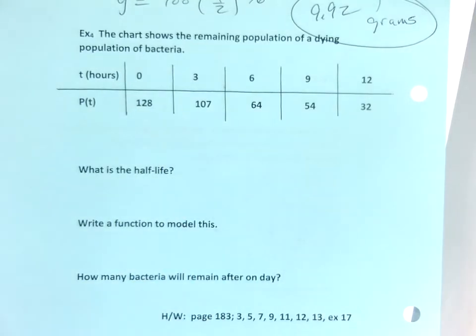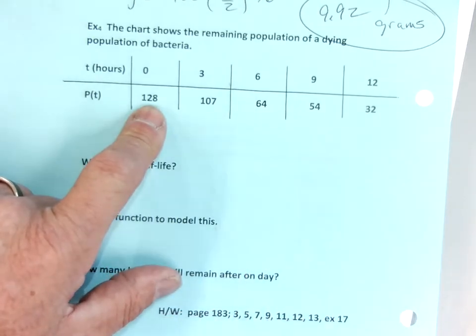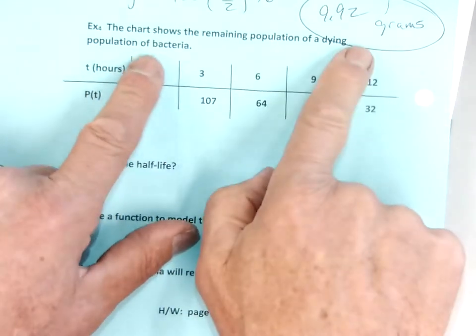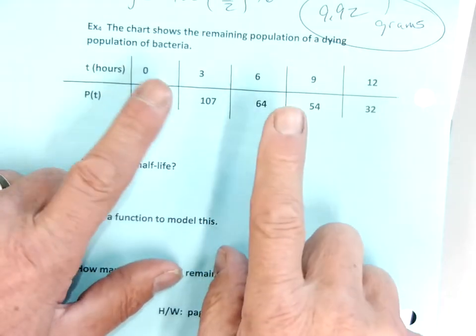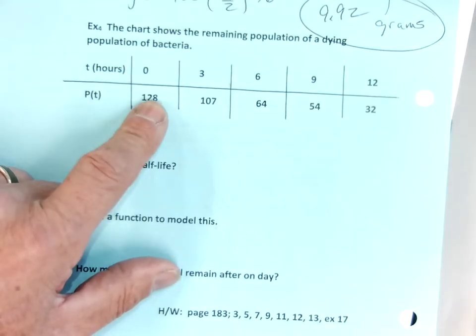Okay, example 4. Let's go on to example 4. So here's a chart, and I'm looking for some pattern. They tell me that it's got to be exponential because it's a population.